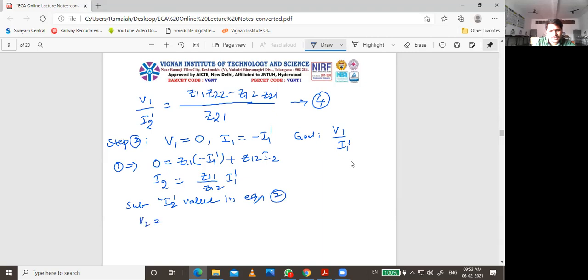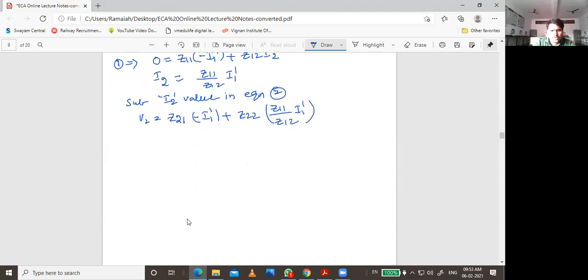What is equation 2? V2 equal to Z21 I1, but what is I1? Minus I1 dash, plus Z22, what is I2? This value Z11 by Z12 into I1 dash. Now, V2 equal to, take I1 dash common.